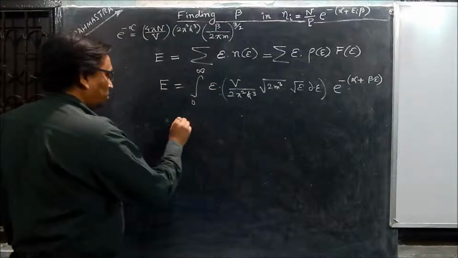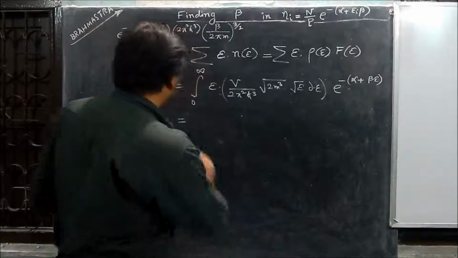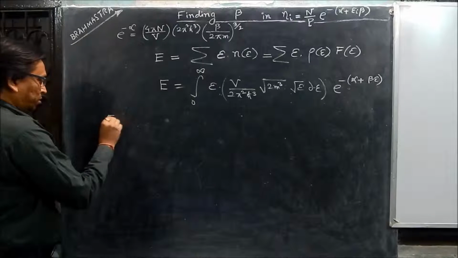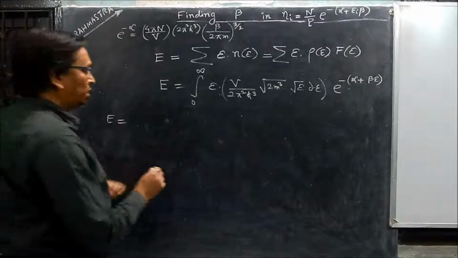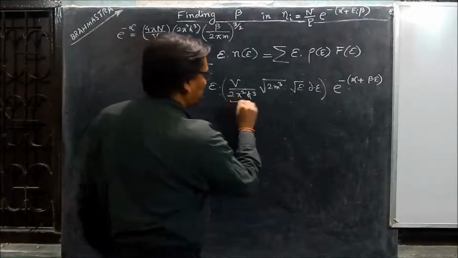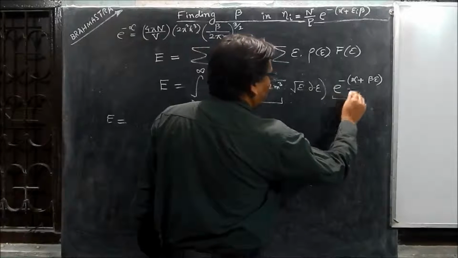So let us take the constants outside. The constants are V by 2 pi square h bar cube into root under 2m cube, and e to the power minus alpha is also a constant.